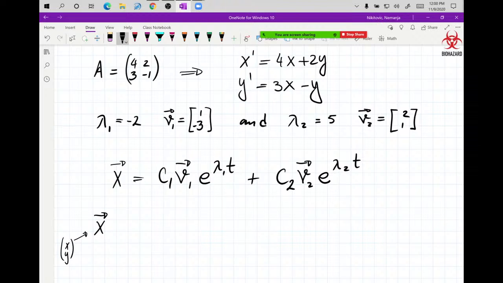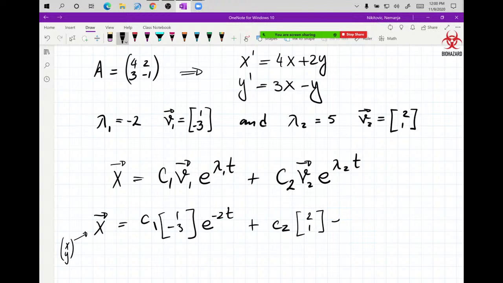So I have c1 v1 e to the negative 2t plus c2 times 2, 1 e to the 5t.